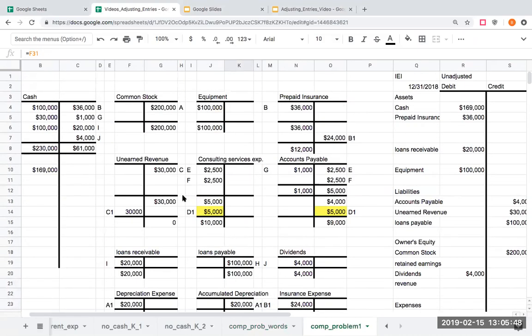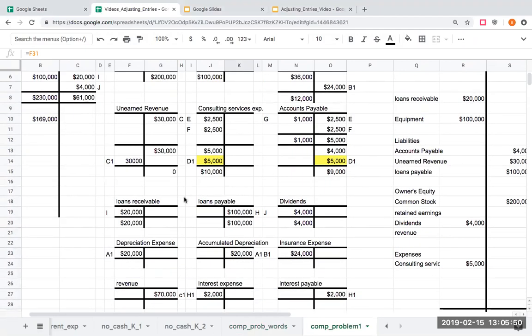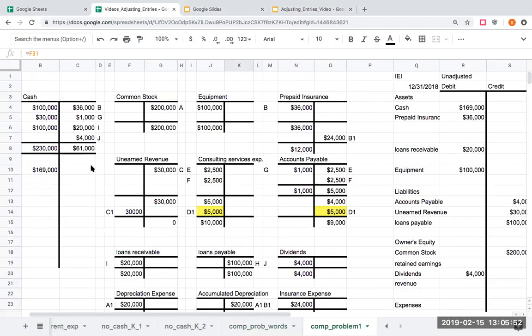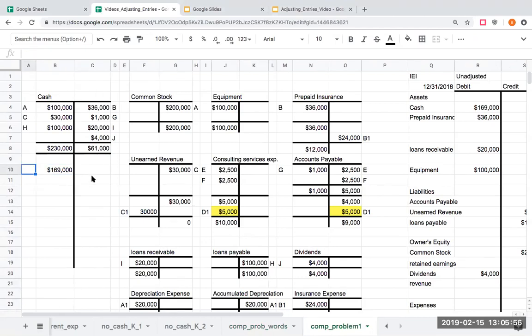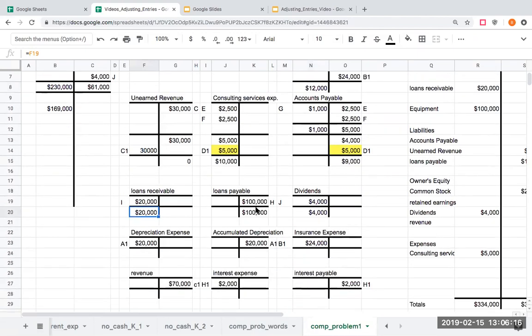Now, what do I do at this point in time? Notice, by the way, did I do anything with cash? You never, ever, ever touch cash when you are doing adjusting journal entries. So here what I'm going to do is total up my new balances. Here I've got a balance in prepaid insurance of $12,000. Unearned revenue is now 0. Consulting services expense is now 10. Payables is 9. Loans receivable, loans payable, and dividends have not changed.